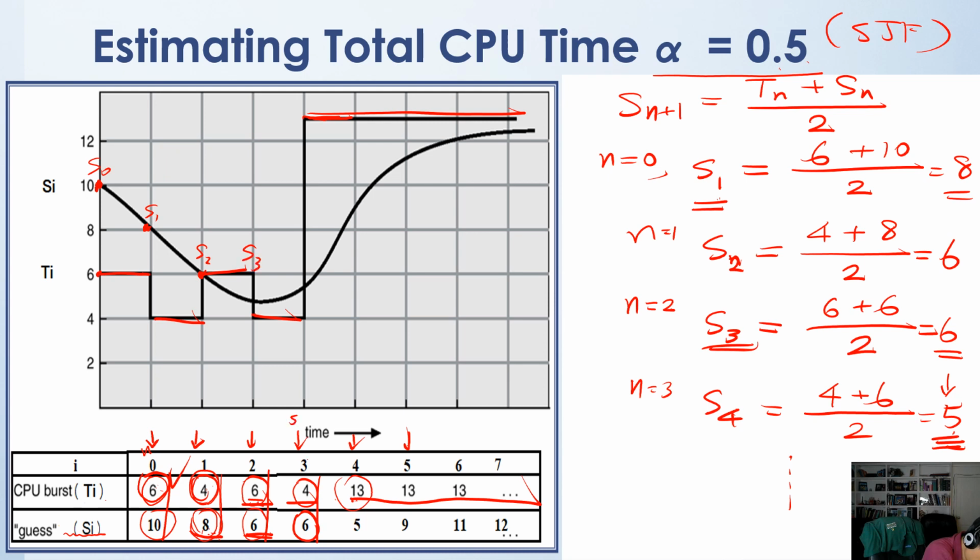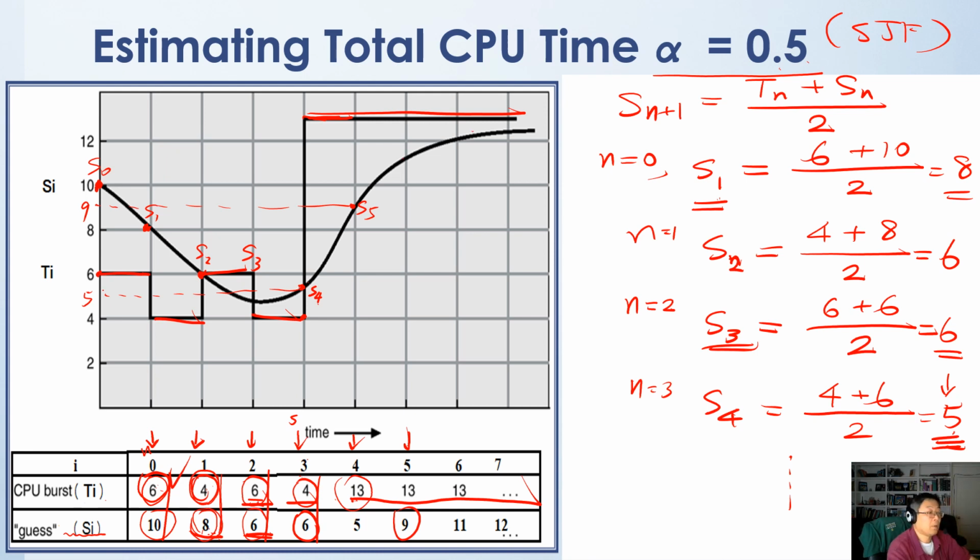And then the next one is 4, because the actual CPU time is smaller than the predicted value. I'm sorry, S4 is 5. And then S5 is 9. So it keeps going up.